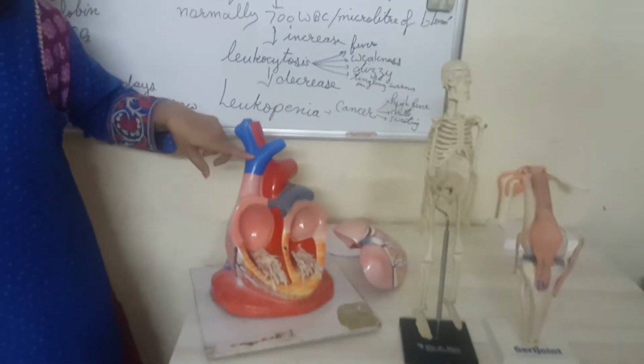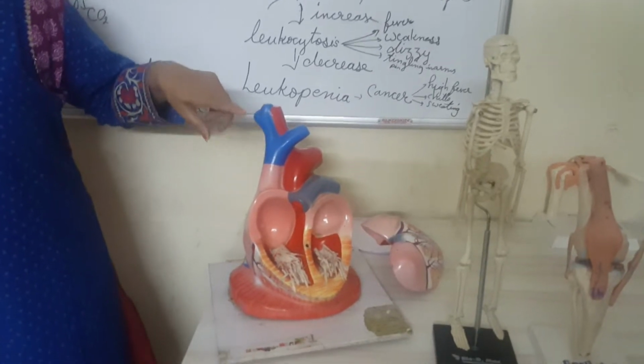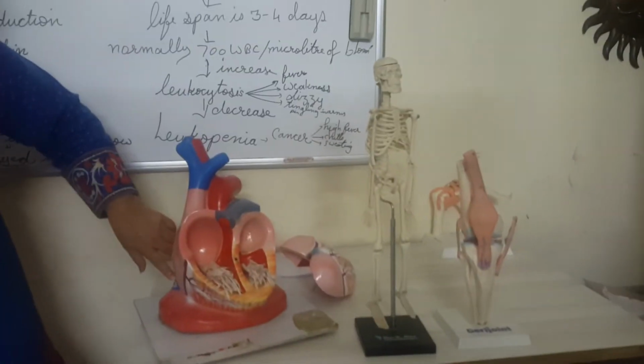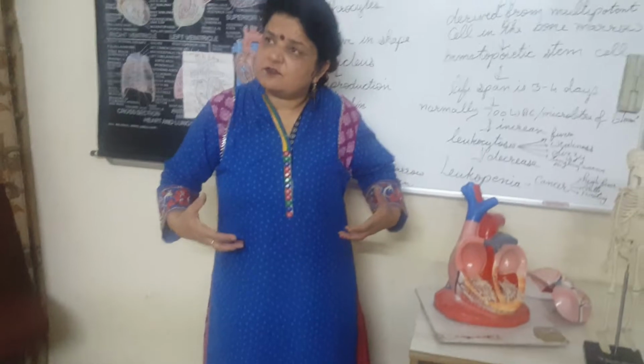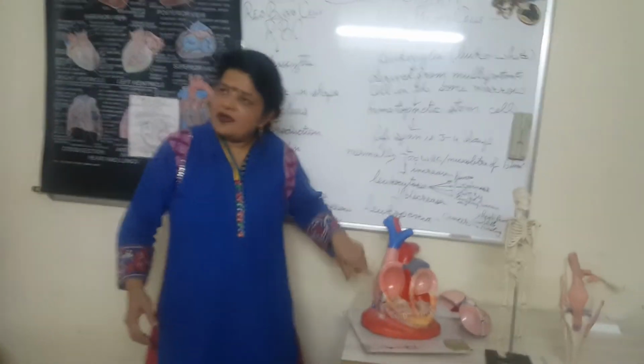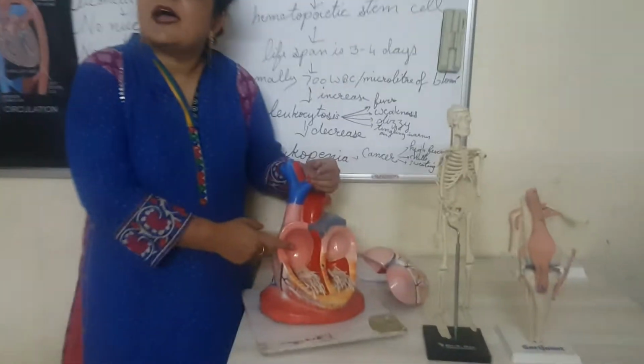The superior vena cava collects the impure blood from the top part of the body, and the inferior vena cava collects the blood from the lower part of the body.